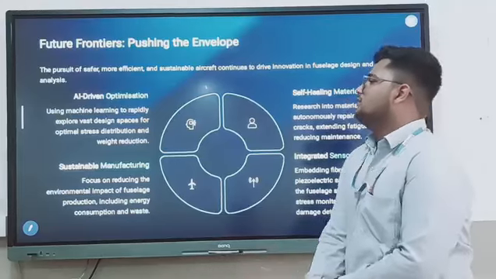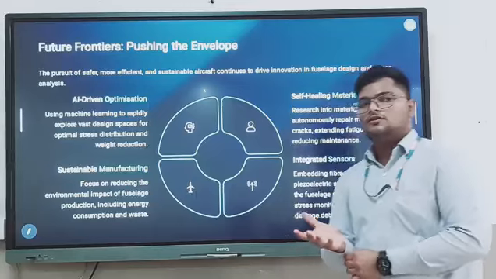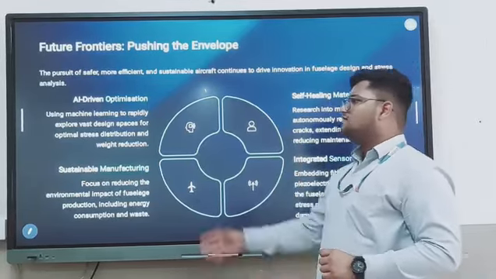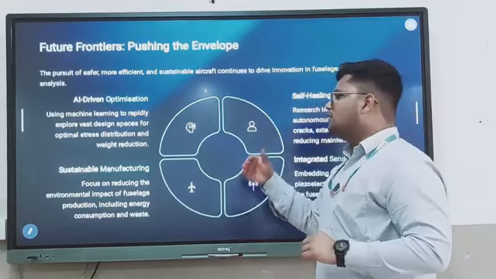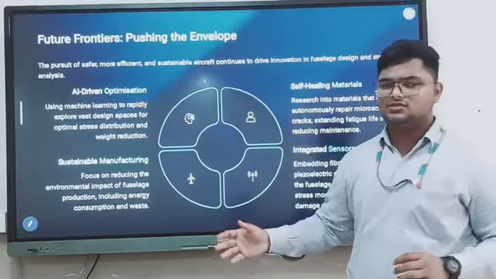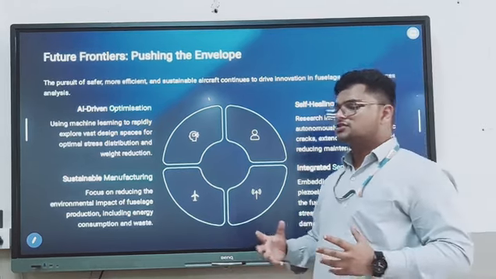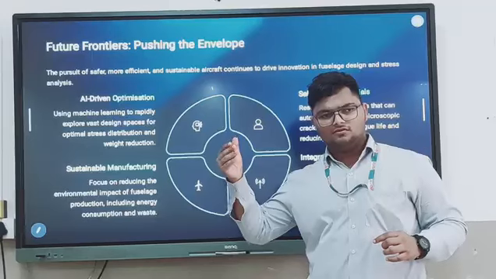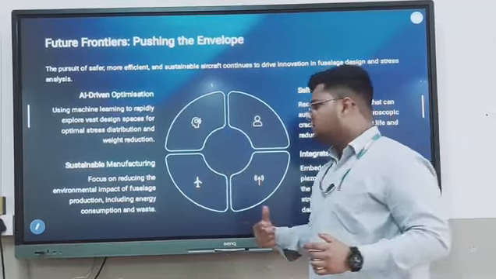So, future frontiers. There are a lot of points which can be looked at. We have AI driven optimization: using machine learning we can rapidly explore designs, increase the strength to weight ratio, and decrease the weight of the aircraft.